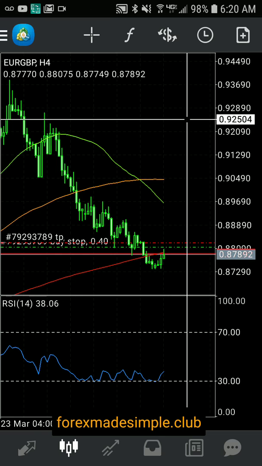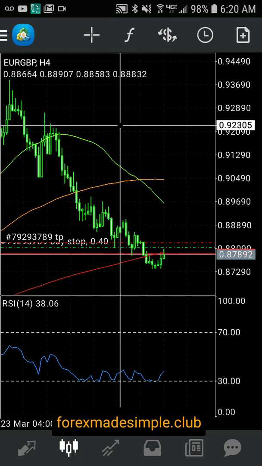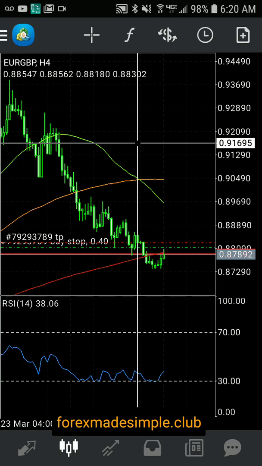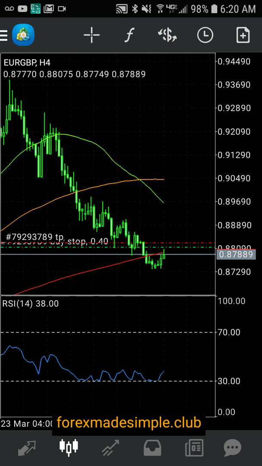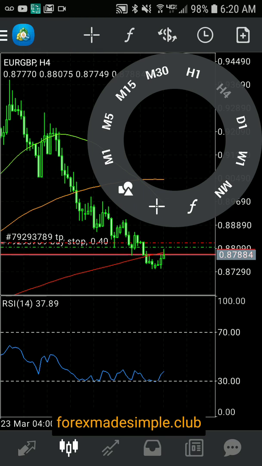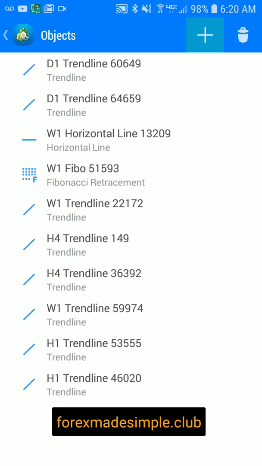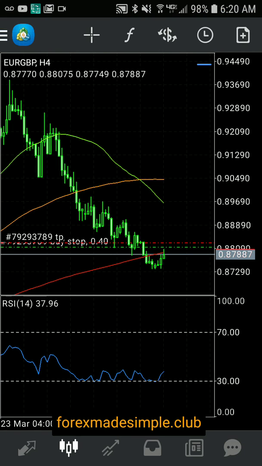So when looking at support and resistance, we generally look at horizontal lines, right? Let me show you an example. Let me just do a horizontal line up here.